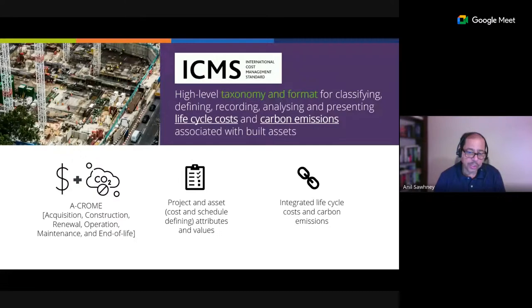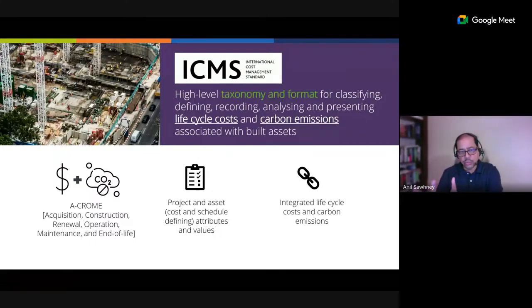The ICMS system also includes something called project and asset attributes and values. So imagine you've a building project, maybe a school building project, in which you have various attributes. So it has maybe 5,000 square meters, maybe it has 3 levels, maybe it is in certain seismic zone, certain climatic zone. All those attributes are given.